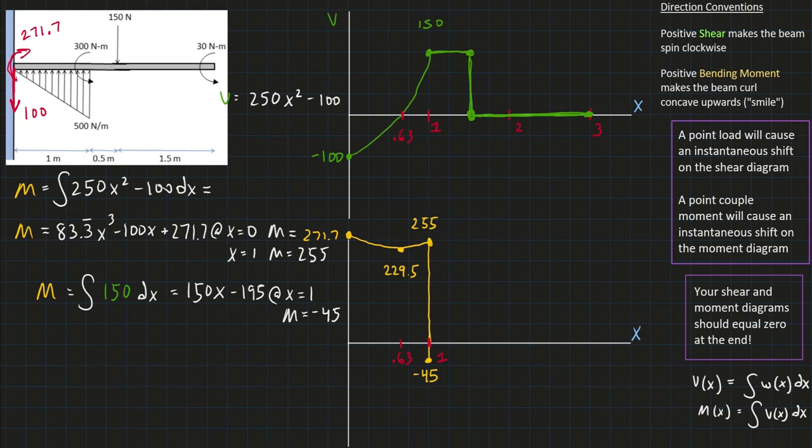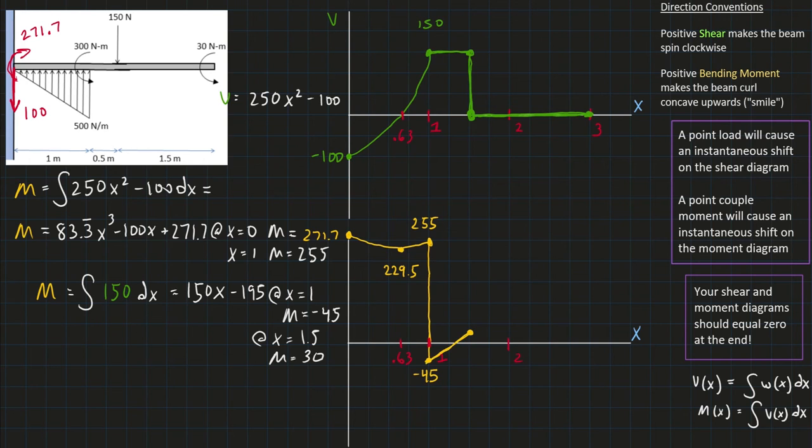This m equation is valid until x is equal to 1.5. So here's 2. So we want to figure out what our m is at that x is 1.5. That'll just be a 30. So it'll be around here.